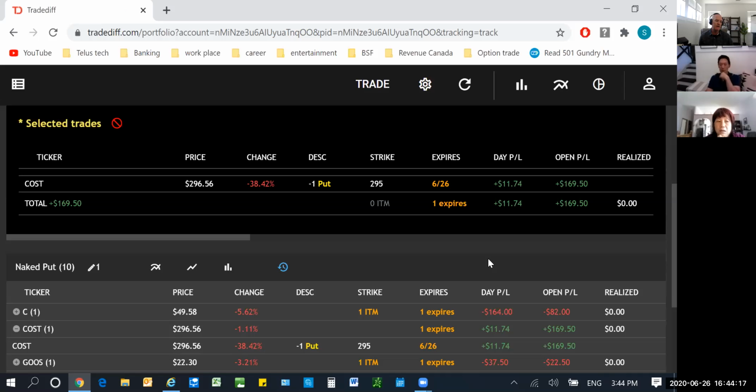And now on Monday, you're at risk of owning 100 shares. And maybe you didn't have $23,000 in your account. Or let's assume 5 different ones are all exercising on the same day and you don't have that much money in your account.